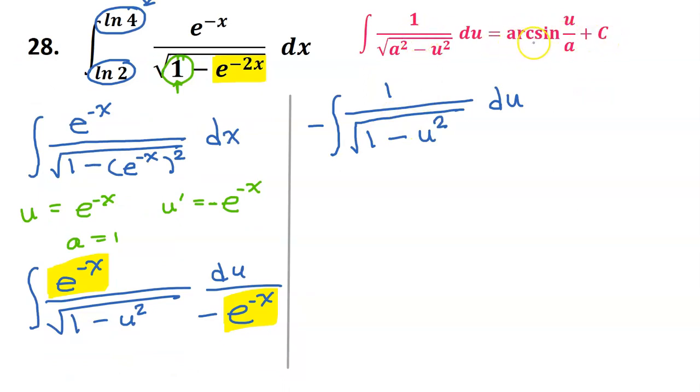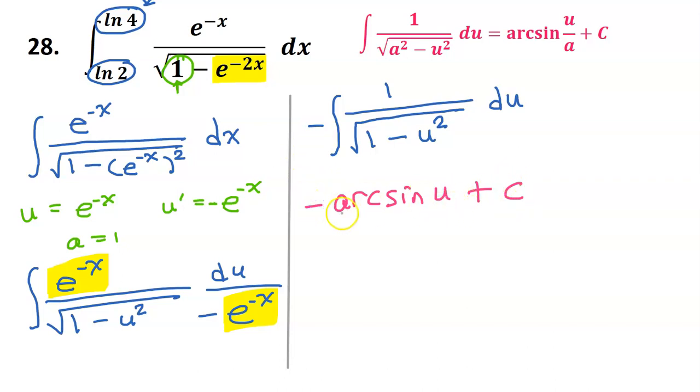So we have arcsine u over a. So I'm going to write down arcsine u over a. Well, a is 1, so I'm just going to write arcsine u plus c. Don't forget the negative sign in the very front. I am going to bring that down.